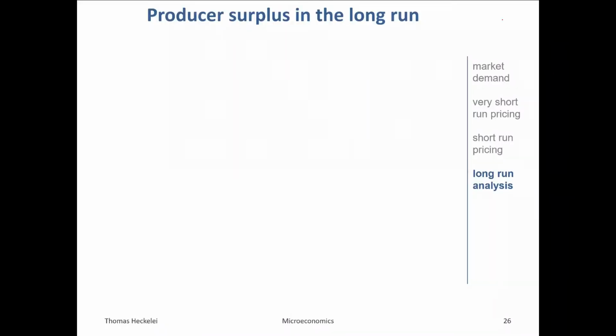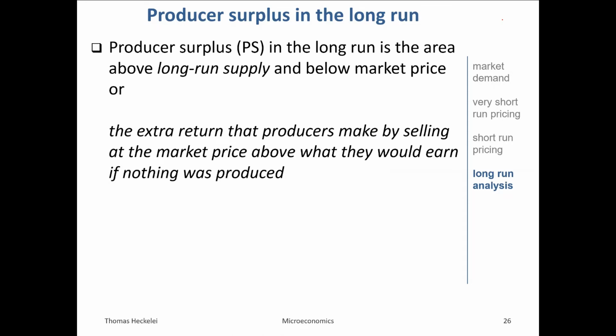There is a formal definition for producer surplus. Let's check it out. Look at it for a second. Maybe some thoughts came to your mind already, but just go through it first. Producer surplus, or usually PS, in the long run is the area above the long run supply and below the market price.